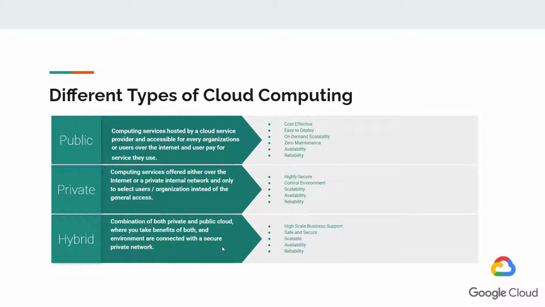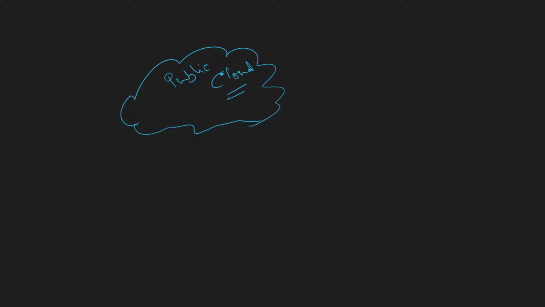Let me just give you a quick example on how these different types of networks work. So consider this is one of the public cloud environments. So let me just put it as public cloud, and probably these three are three different organizations who are using this cloud platform.